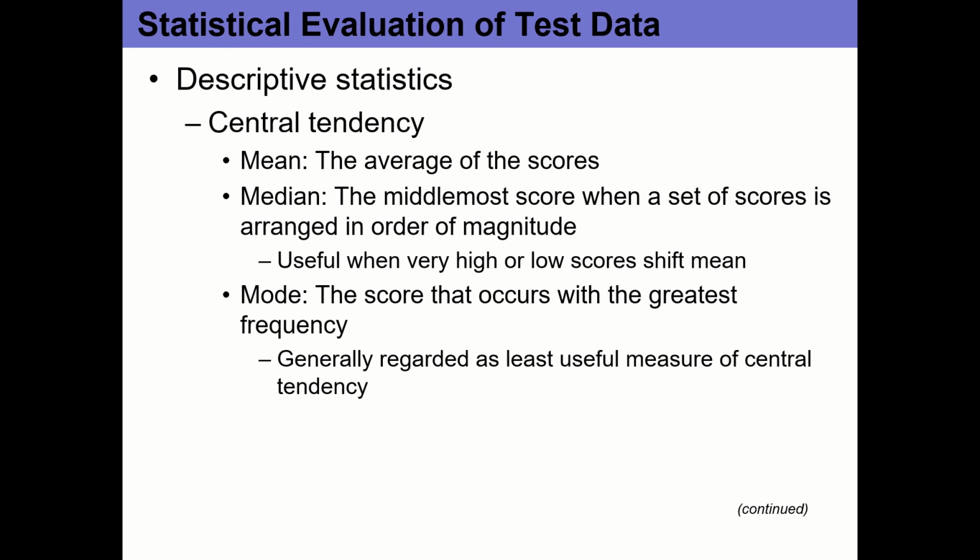So there are a variety of different ways to present those numbers. One of the really common ways is to look at different measures of central tendency, which is obviously the midpoint. So most common is the mean, which is the average of the scores. You're familiar with that concept.